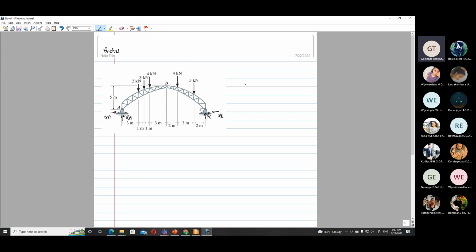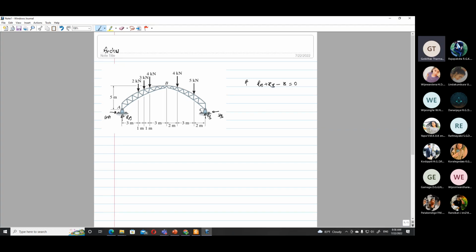If you balance vertically for the entire structure, RA plus RB minus 2 minus 3 minus 4 minus 4 minus 5. So it's 9 and 4, 13, 13 and 5, 18, equals 0. So this is the first equation.